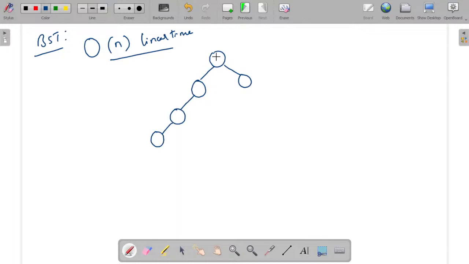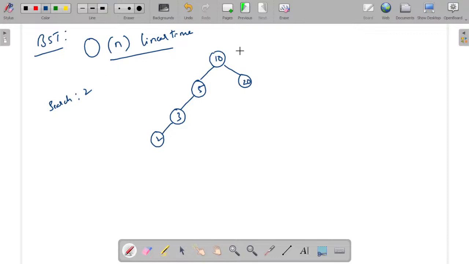I'll just take some random numbers here: 10, 5, 3 and 2, and then maybe 20 here. So here if you see, the number of comparisons that we are going to take is very high. For example, if I am asking to search 2, how many comparisons are we going to perform here?